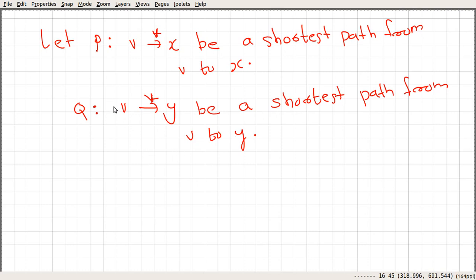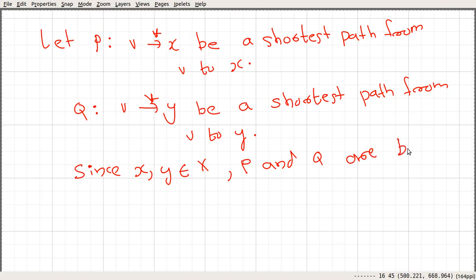Here we can see that since x and y belong to X, these two paths P and Q are both of the same parity. Same parity means either it must be even or odd.